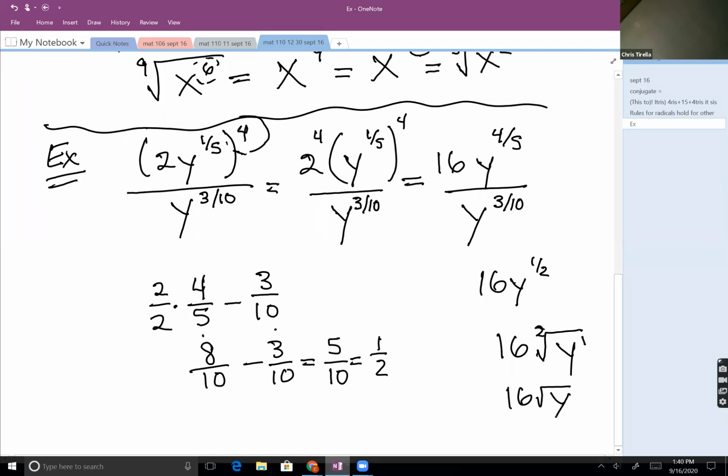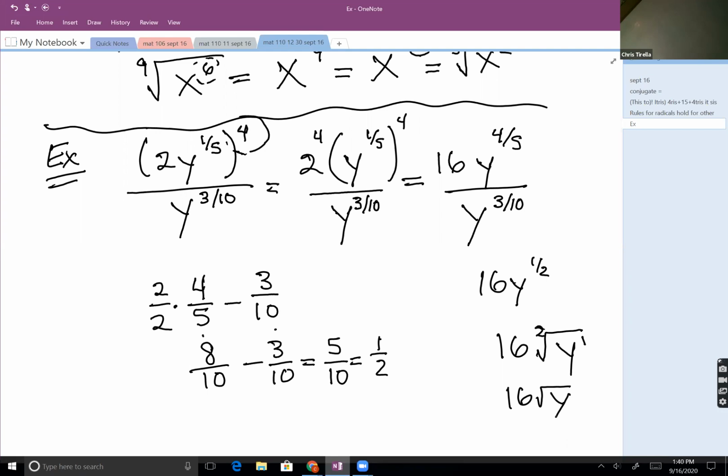How fun is that? Would it be better to write it 16y to the 1/2 or 16 to the square root of y? When you're doing these in the homework, in My Math Lab, you're going to find underneath where you put the answer, they'll tell you what form to write it in.